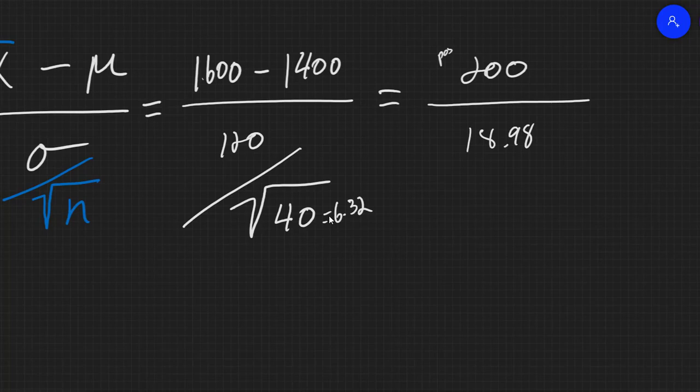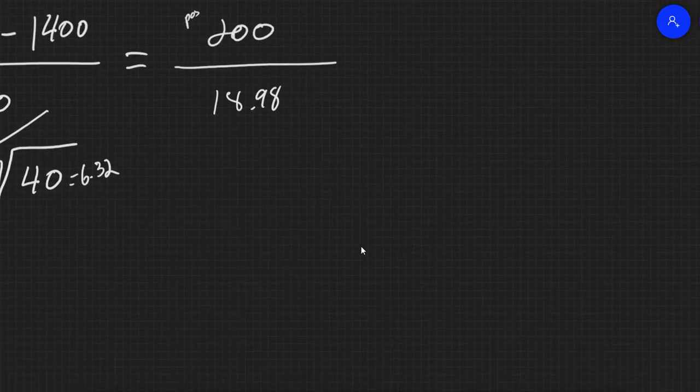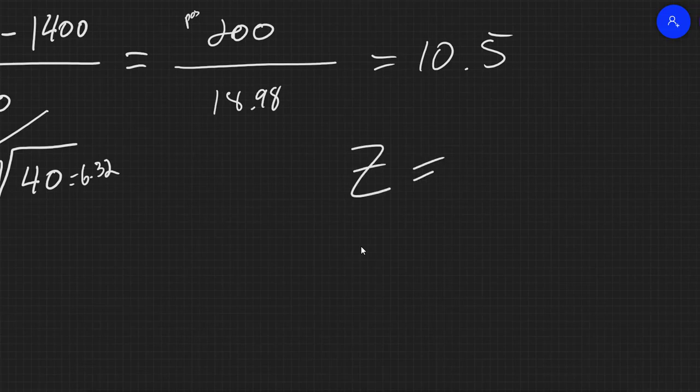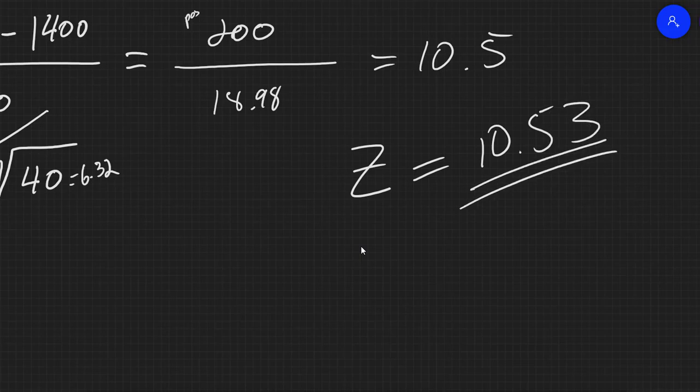And 200 divided by 18.98 is equal to 10.5. So our z-score is 10.53 actually, which sounds like it is way, way far away from the normal.